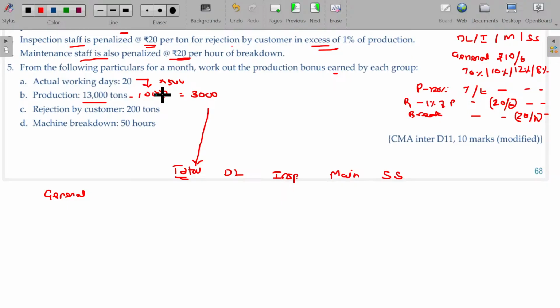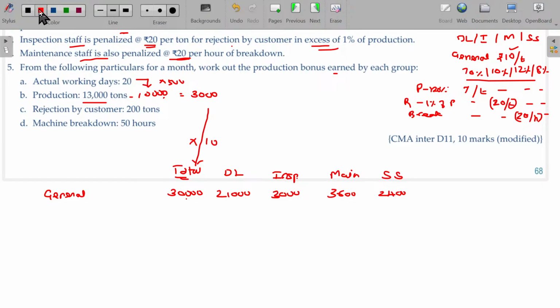Production over the standard production of 10,000 is eligible for rupees 10 incentive, so 30,000 incentive will be payable. Am I right? In that 30,000 rupees, 70% is for the direct laborer, 21,000. Inspection staff will also be eligible out of this money, which is 10%, 3,000. Maintenance staff 12%, 3,600, and supervisory staff will get 8%, which is 2,400.